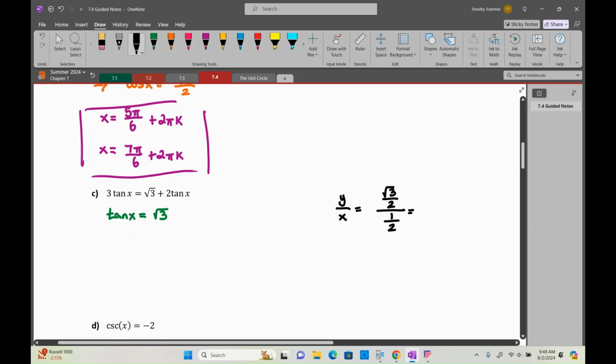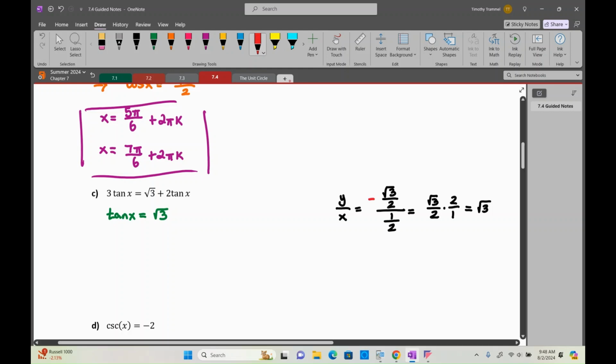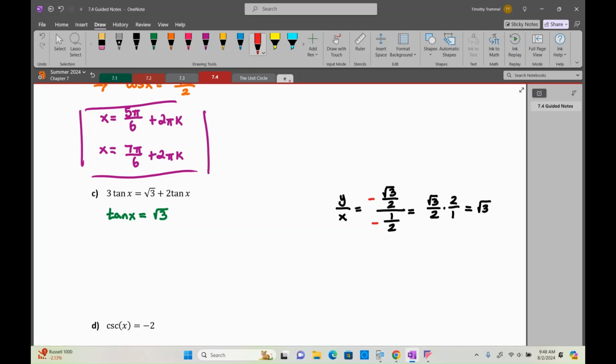So this is one option, and let's just verify that it works. And yeah, that gives us root 3. So this is one option that would make tangent of x equal to the square root of 3. But also keep in mind that if these were both negative, that would also make tangent of x equal to root 3.